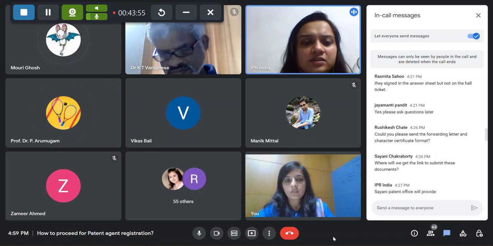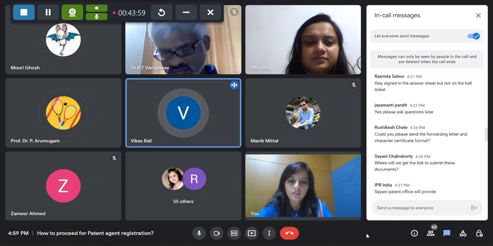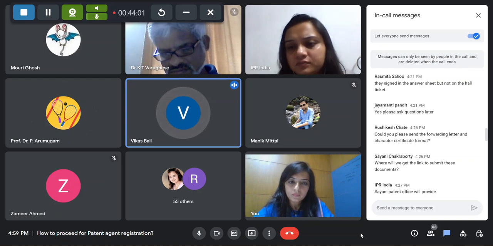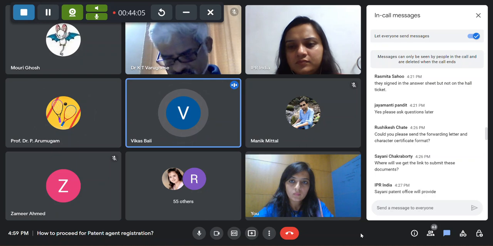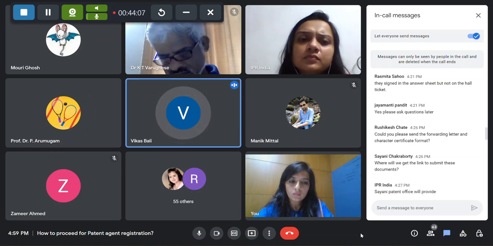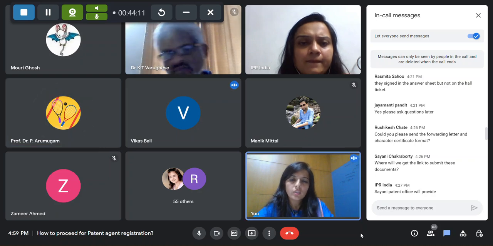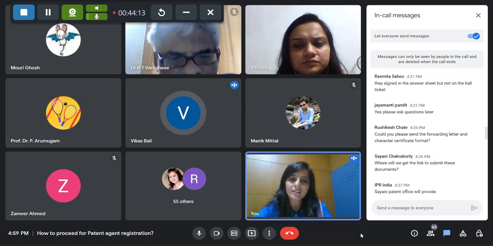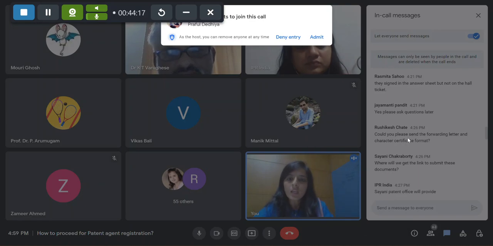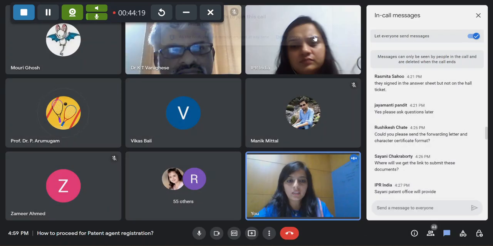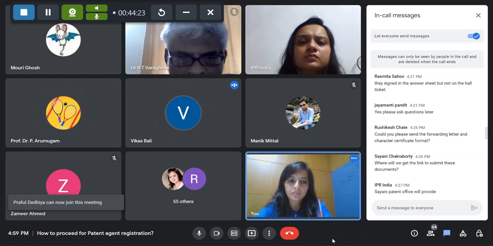I think there is a question from Vikas ji. Yes. In the character certificate, the officer is mentioning that he has known me for the past 4 years. Is there a limit of years, or is 3 years okay? If that person has a designation like gazetted officer under the government of India, then that person can sign. There is no such limit given.